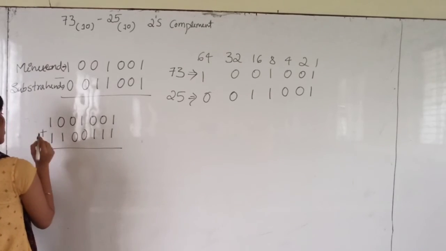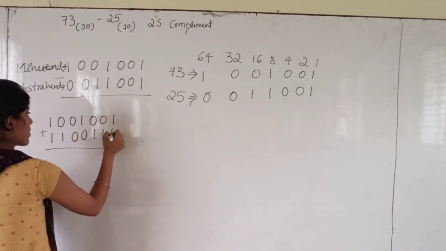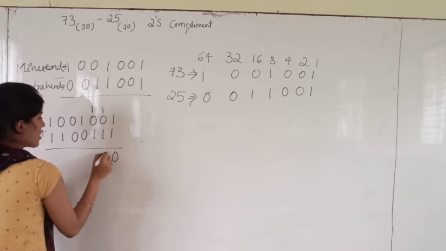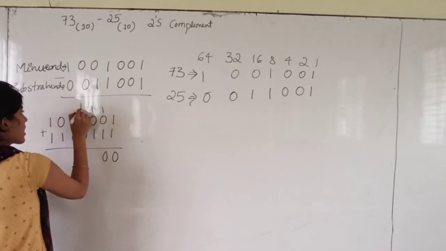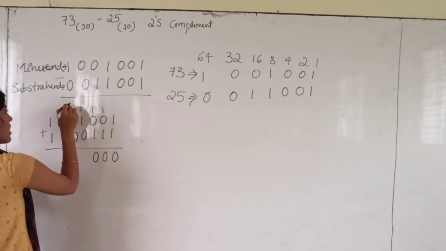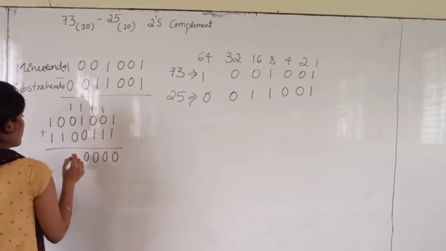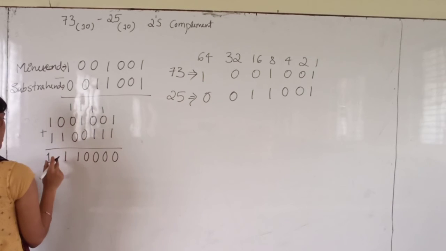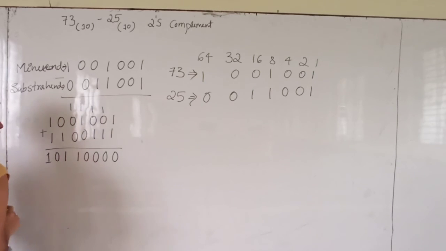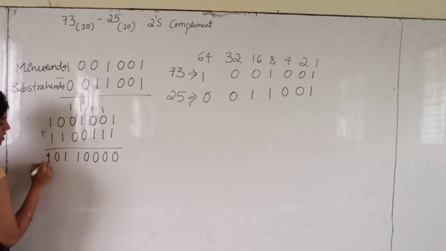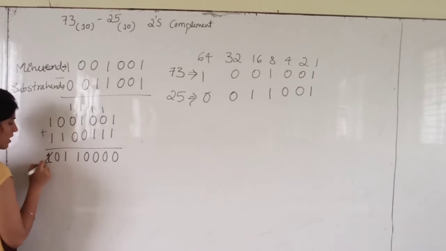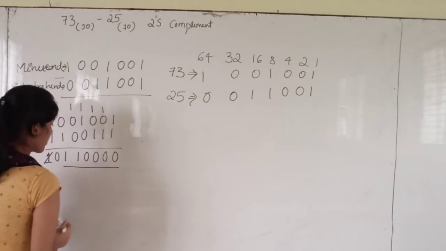After adding both the minuend and the 2's complement of the subtrahend, the sum goes bit by bit with carries of 1 propagating, and finally there is an extra carry. This is the 2's complement method, case 1. Here the minuend is greater than the subtrahend, which means just discard the carry and write the final difference.